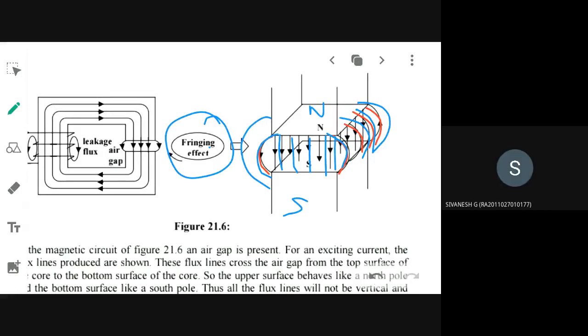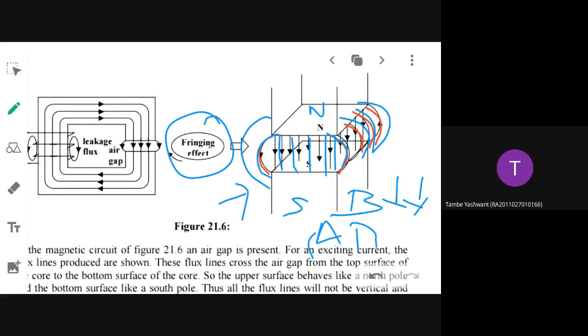Fringing effect. So because of this, what will happen to the flux density? What will happen to the air gap area? Air gap area is increased. Flux density will be reduced. Effective area will be increased because of the bulging, but the flux density will be reduced.